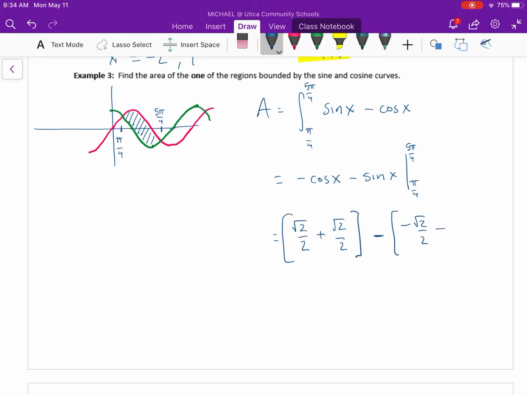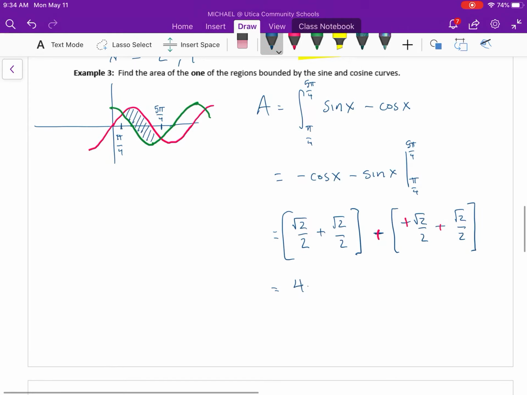So negative root 2 over 2 minus, and again, when I plug it into sine, I get root 2 over 2. So when I distribute this, it makes that one positive and that one positive. So I end up with 4 of these root 2 over 2's, which is 2 root 2. So the area of each of those intersections is 2 root 2.